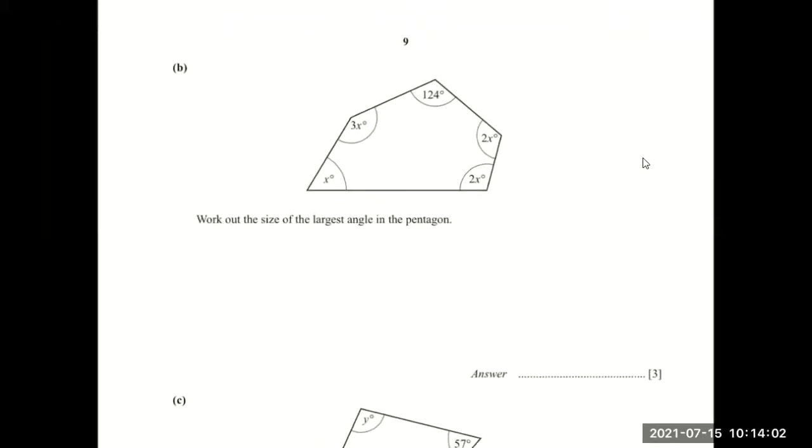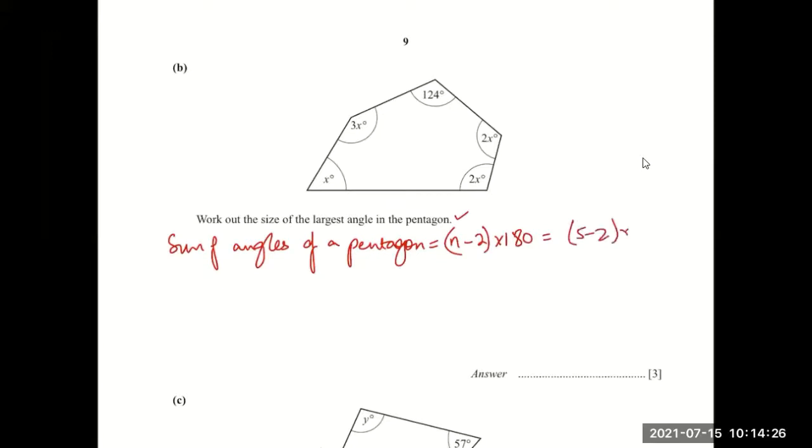Okay, this one says work out the size of the largest angle in the pentagon. What is the sum of angles of a pentagon? If I remember that, that's good. If I don't, I can say that it's n minus 2 into 180, and that gives me 5 minus 2 into 180, 540.